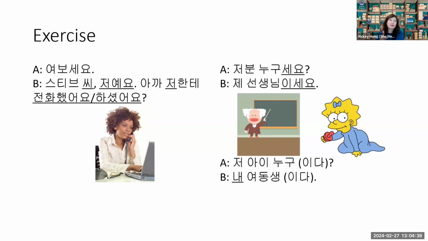So A is Steve. 아까 저한테 전화하셨어요? Did you call me before? 저분 누구세요? Because whoever you're asking about is an older person. 제 선생님이세요. Honorific, because you're talking about an older person who happens to be a teacher. Now you're talking about a kid, a baby. 저 아이 누구?